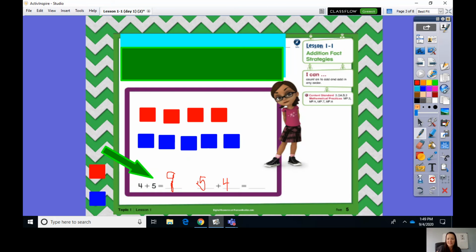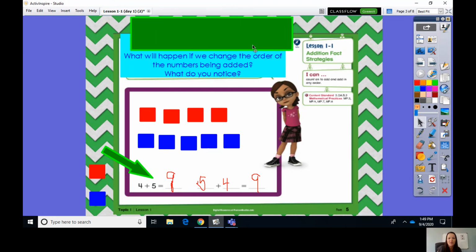Do you think we're going to get the same sum again? Remember, the sum is the total. Let's check it. 1, 2, 3, 4, 5. I'm going to count on from 5: 6, 7, 8, 9. I have the same sum.